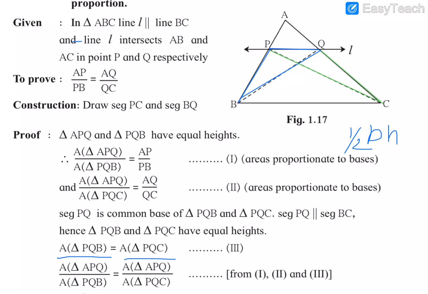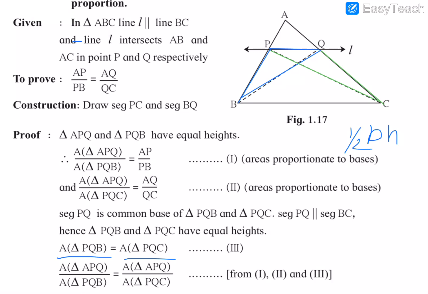The denominator is different, so we need to prove the area of PQB is equal to the area of the triangle PQC. For proving these are equal, we need to prove that the areas of PQB and PQC are equal. That we have shown here: area of triangle PQB is equal to area of triangle PQC.